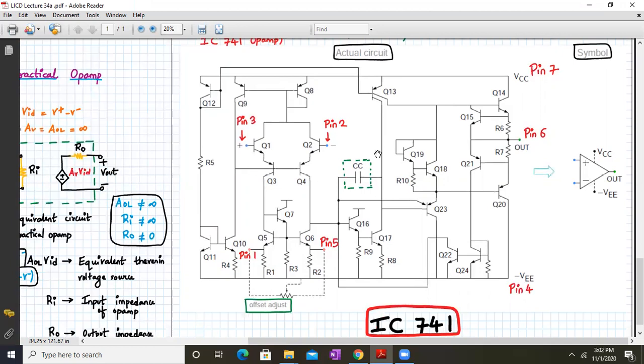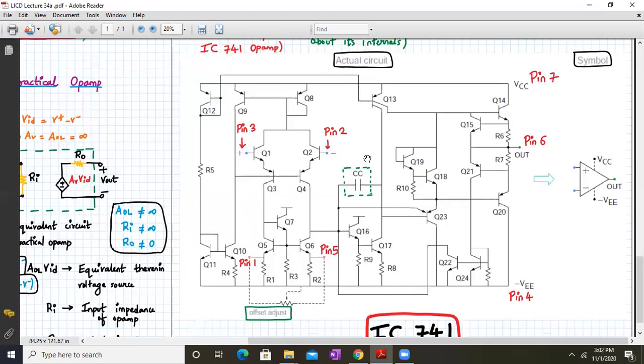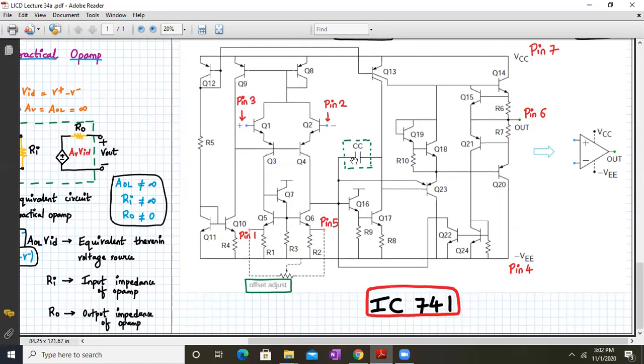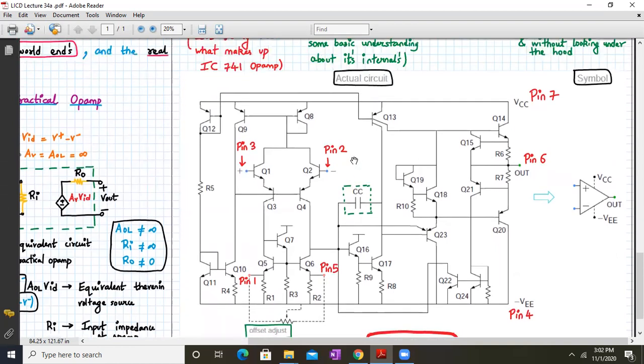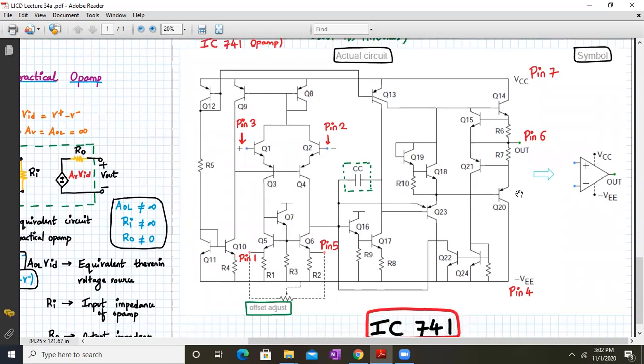We will look into some of the functionalities of it, but not into details. Obviously, in this course, studying how this entire internal circuit works is not the focus. The focus is on using this op-amp and knowing a little bit about the internal and practical parameters of it. I hope that this will give us a clear understanding. For the very first time, we are actually looking into the internals of a 741 op-amp integrated circuit.